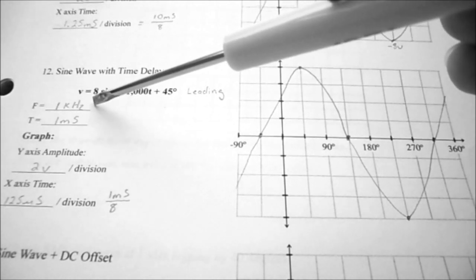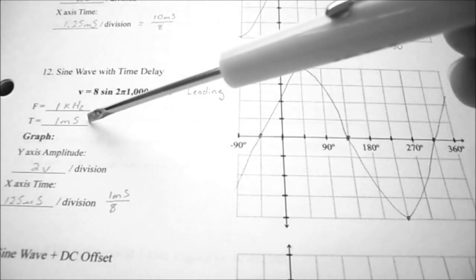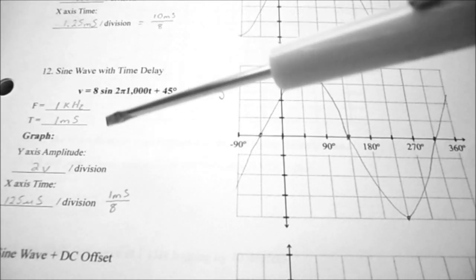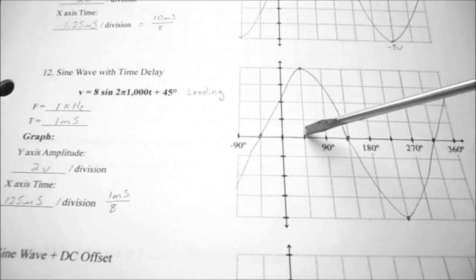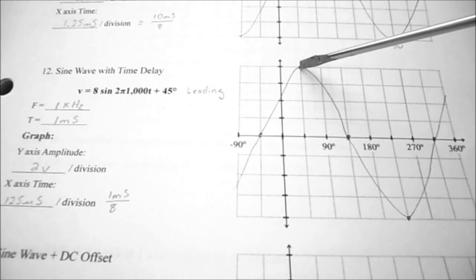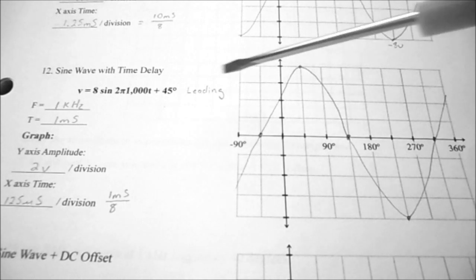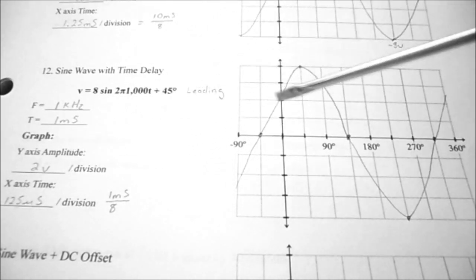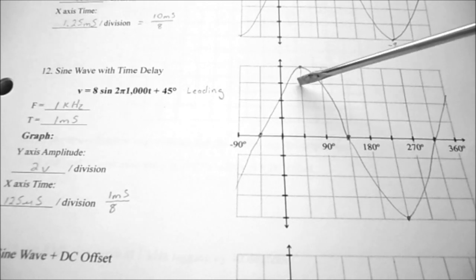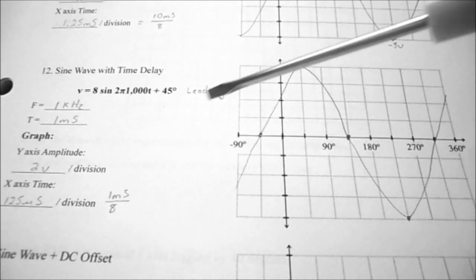So my frequency is 1 kilohertz, my period is 1 millisecond. I'm going to be using the entire graph, so I'm going to move it up 4 divisions. So 8 divided by 4 gives me 2 volts per division. So 2, 4, 6, 8 volts.